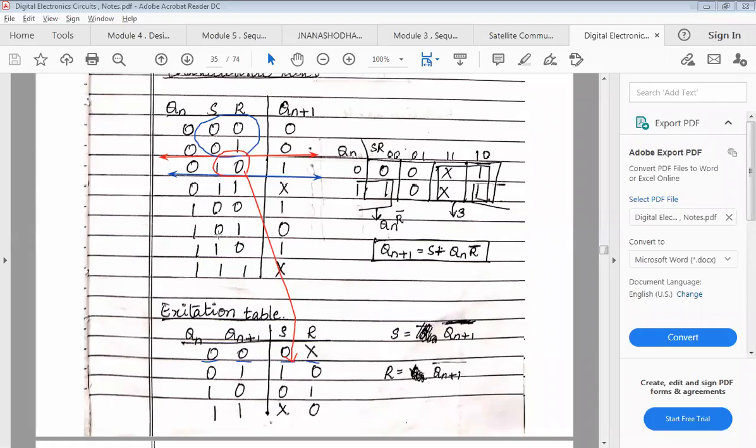So Qn is 1 and Qn plus 1 should be 0. So I have only one such combination, right? So inside this, I will take these values, which is 0, 1. These will be coming here.